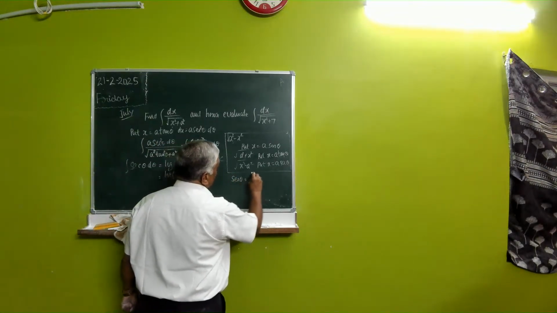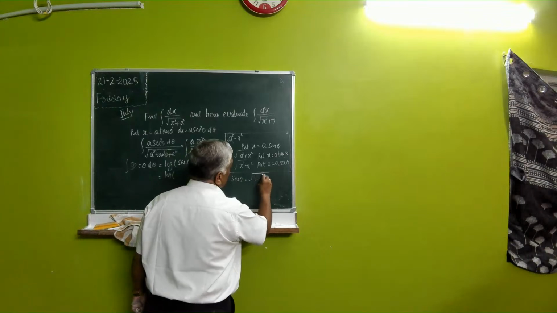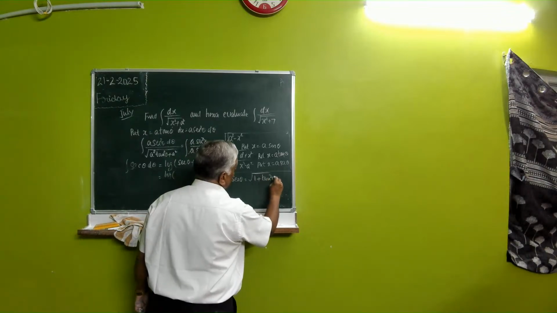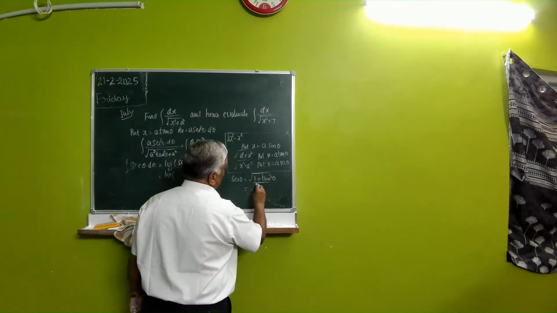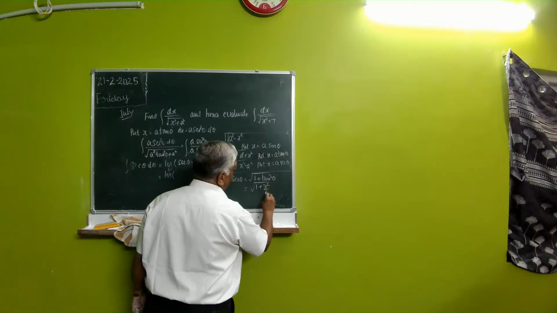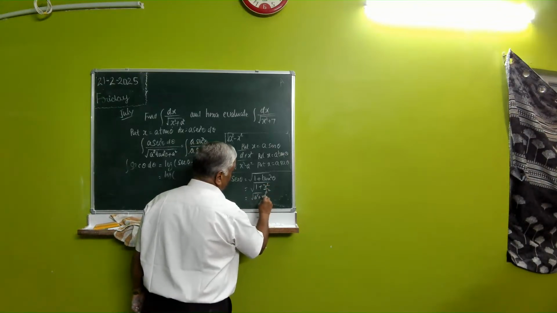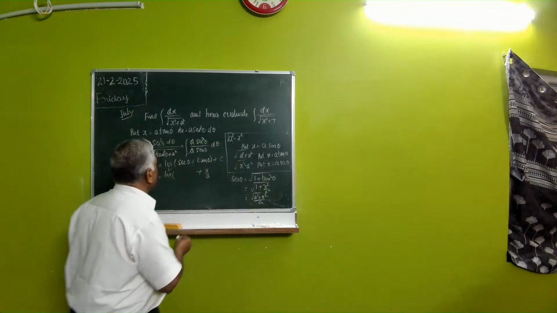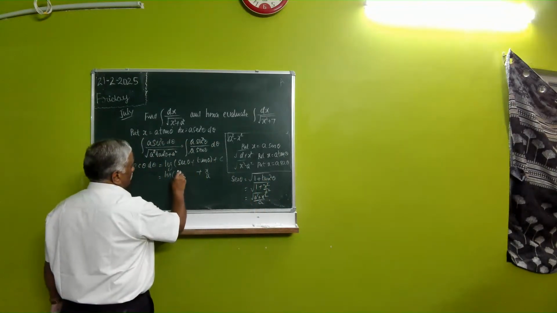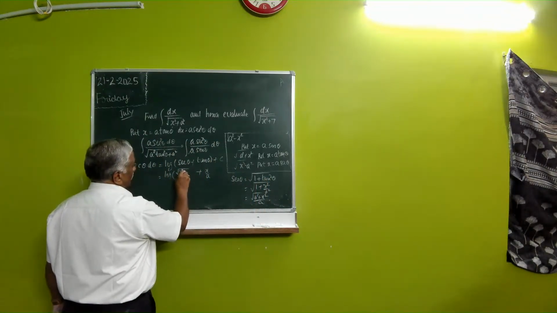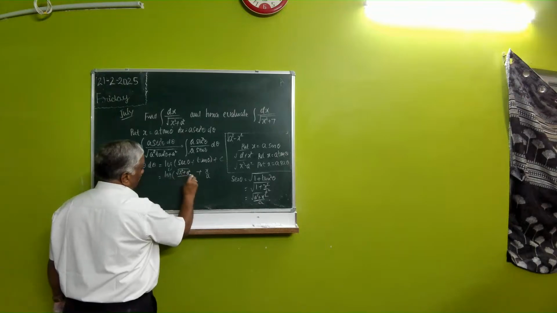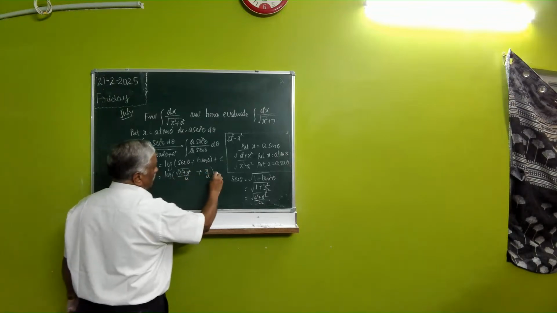Secant theta is equal to root of 1 plus tan square theta, root of 1 plus x square by a square. That is root of a square plus x square by a. So this is root of x square plus a square by a plus c.